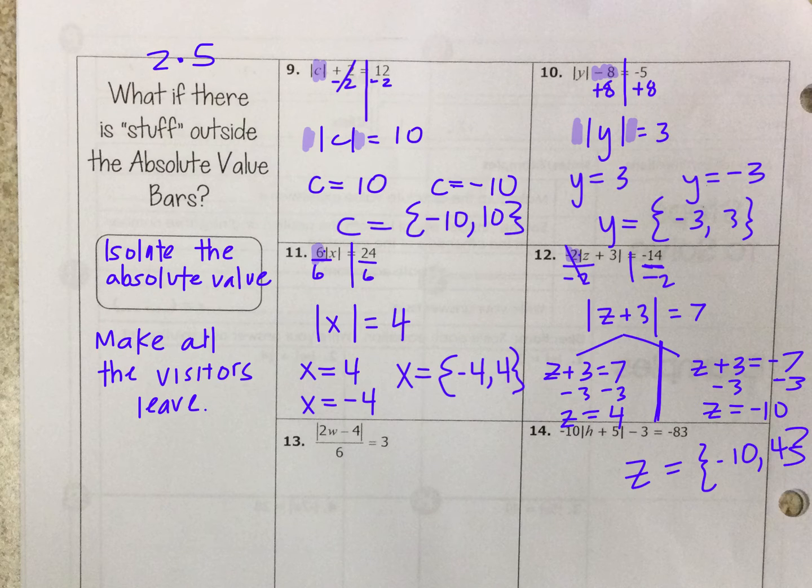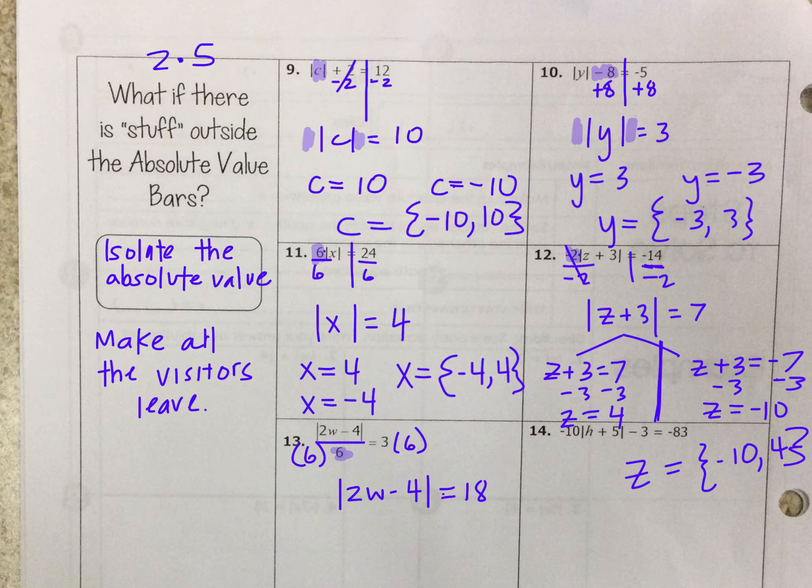Let's look at number 13. I got this 6 over here that's visiting. I know that this bar means divide. Opposite of divide is multiply. So now I have 2w minus 4, that's still in jail, equals 18.